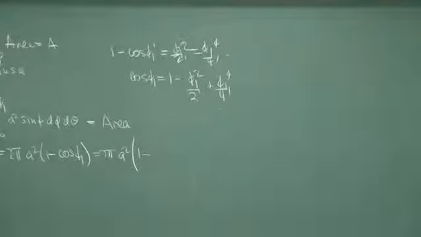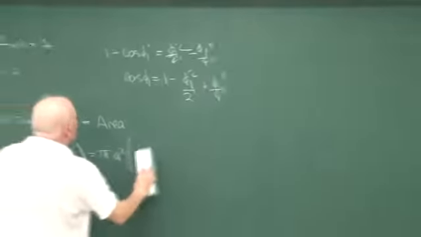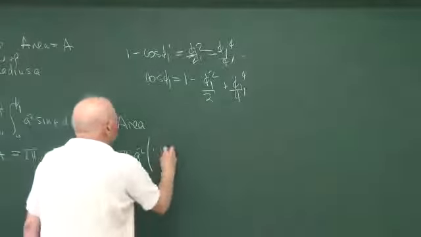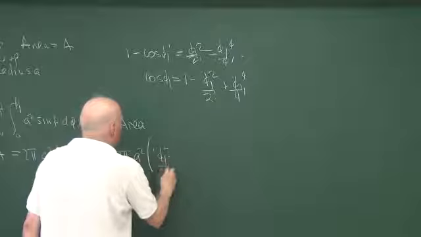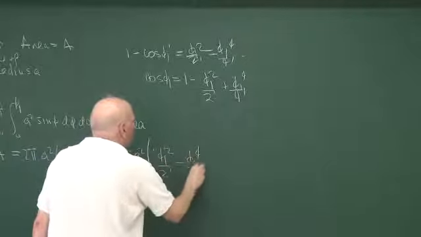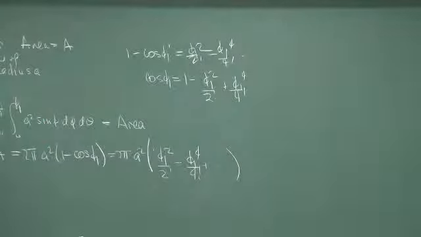Okay, so I can use the eraser. What happened to the eraser? So let's plug that in. So it's phi1 squared over 2 factorial, and then phi1 fourth over 4 factorial, etc. Okay, well, first of all, phi1 is r over a, right?